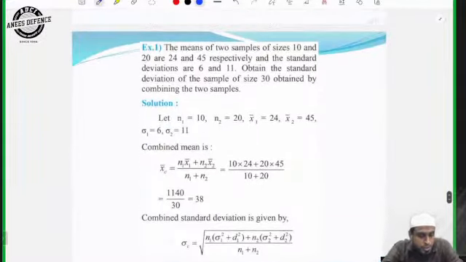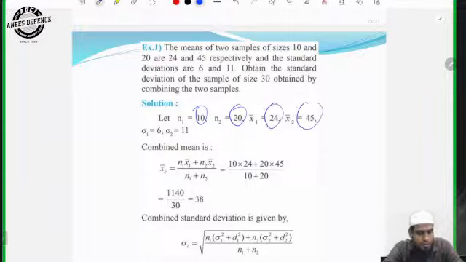Here, for two samples of sizes 10 and 20, n1 equals 10, n2 equals 20. The means are given as 24 and 45, and the standard deviations are given as 6 and 11. So you have to calculate the combined mean and combined standard deviation of the complete data. If you combine both, you will get 10 plus 20, 30 observations.